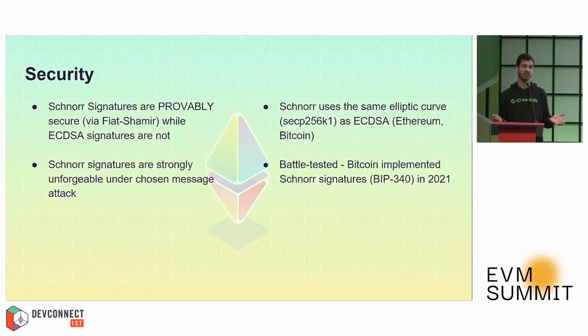And the arguments at the time were primarily for security. So one of the big takeaways here is that Schnorr has all of these nice properties that make it really useful, but the main takeaway should be that Schnorr signatures are actually more secure than ECDSA.